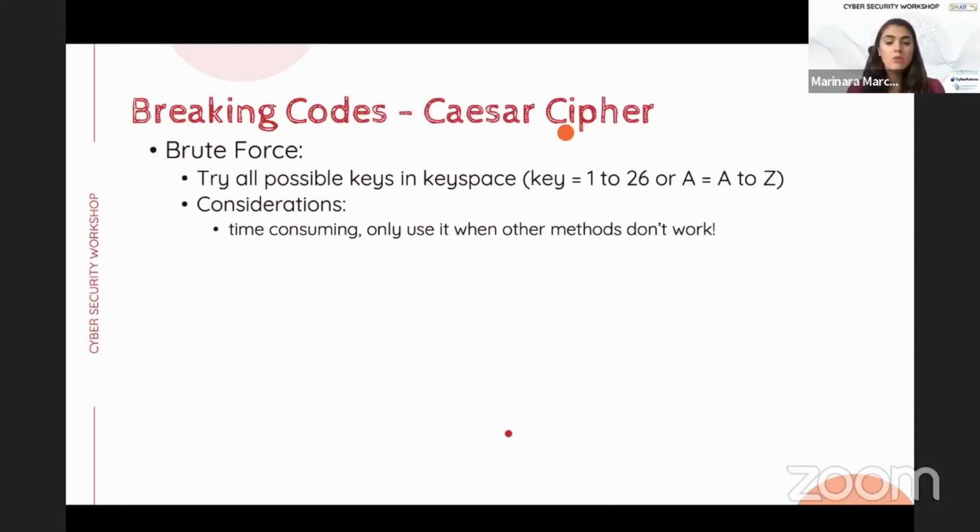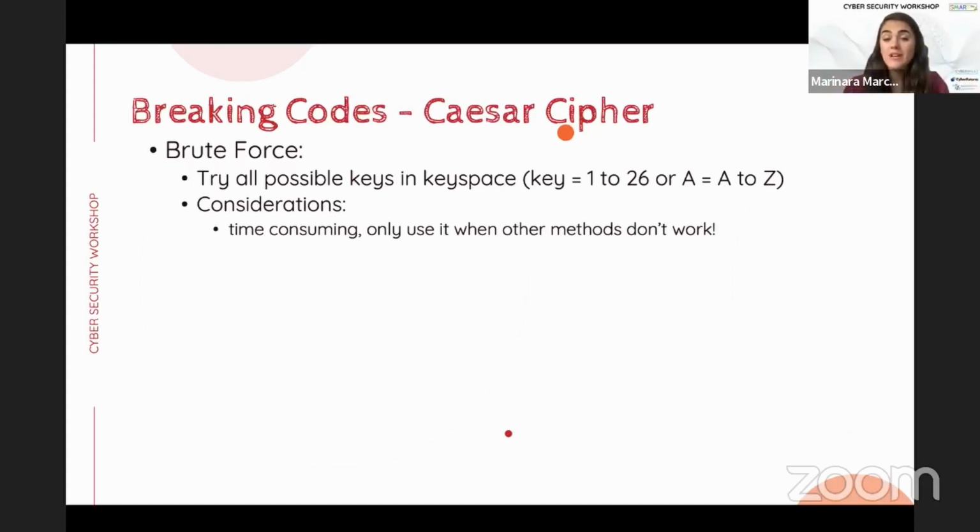If you really think about it, it's actually only 25 examples, because A can never be encrypted as A, otherwise the text will be itself. B is going to be encrypted as B and C as C. That wouldn't make sense, right? So there are only 25 different possibilities, from A equals B up until A equals Z.